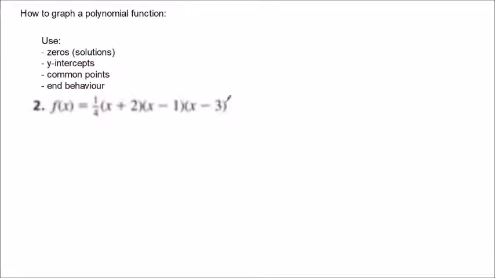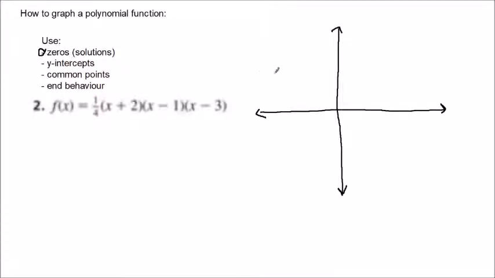So how do you graph a polynomial equation? So we've learned essentially all of the tools that you need to graph a polynomial equation already. All you really need to do is use your zeros, your solutions, x-intercepts, your y-intercept, common points, and use the end behavior.